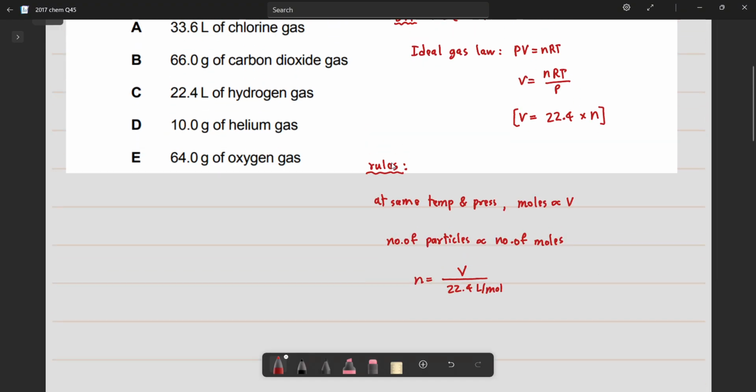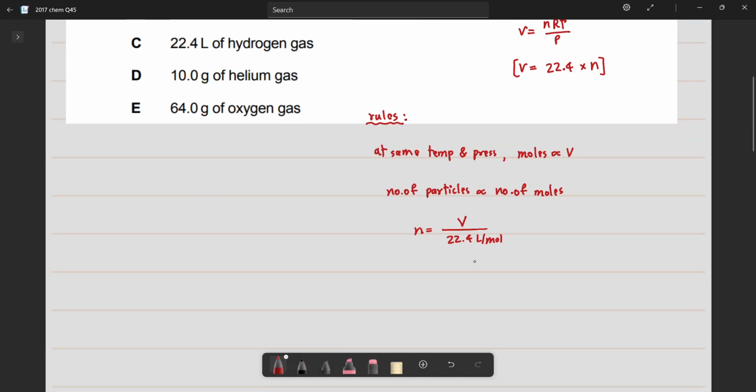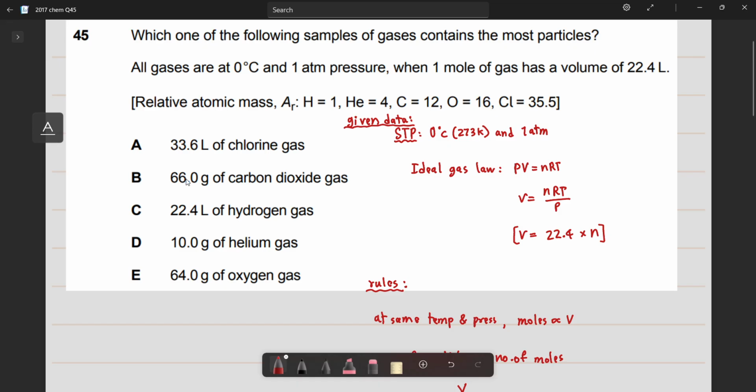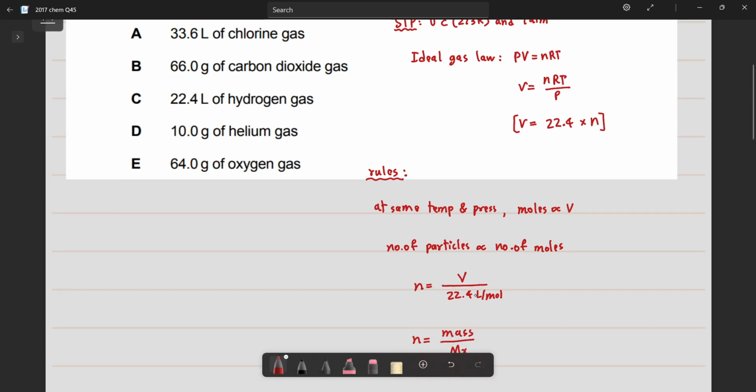For the other options, we have the masses given in grams for gases. So in this case, we're going to use the most general formula, which is moles equals mass divided by molar mass, in grams per mole. Only two of the options give volume for the gases, so for those we use volume divided by 22.4.